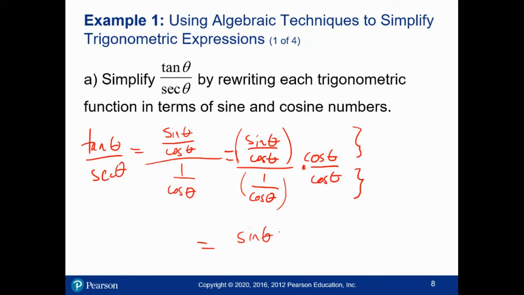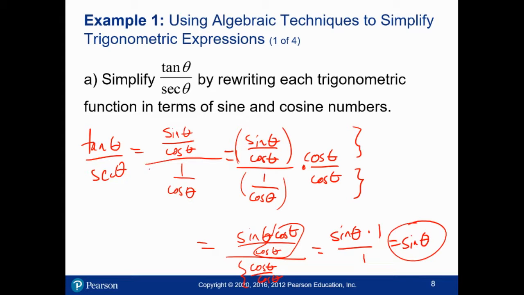So this is sine theta over cosine theta, times cosine theta over cosine theta, over 1 over cosine theta, times cosine theta over cosine theta. In this denominator, cosine theta over cosine theta is just going to be 1. And in the numerator I have a cosine theta over cosine theta as well, so that's 1. So we get sine theta times 1 over 1, a.k.a. sine theta, which is a nice simplified expression.